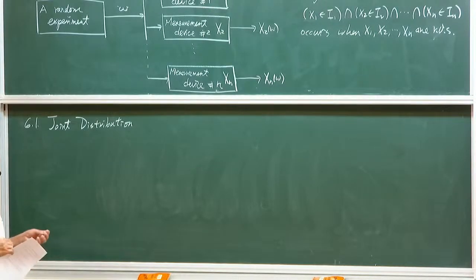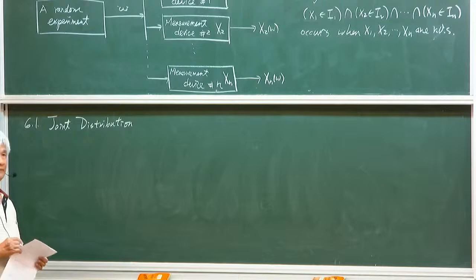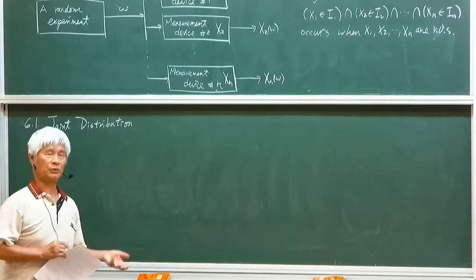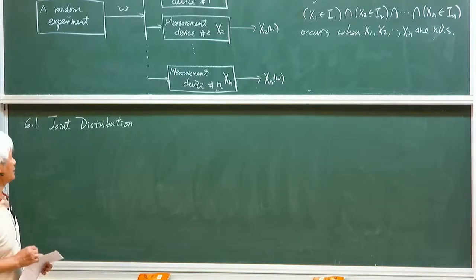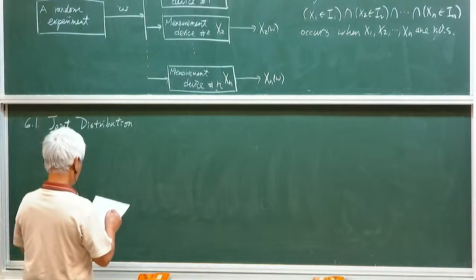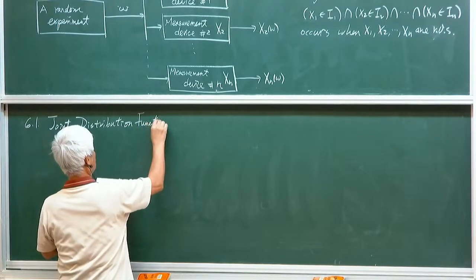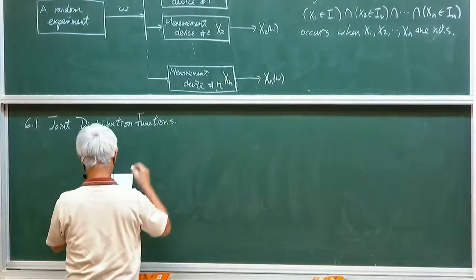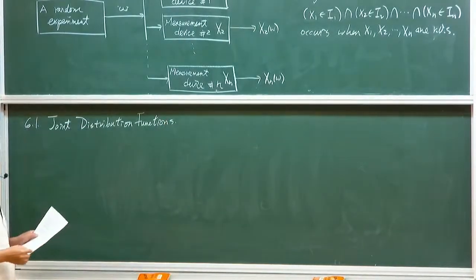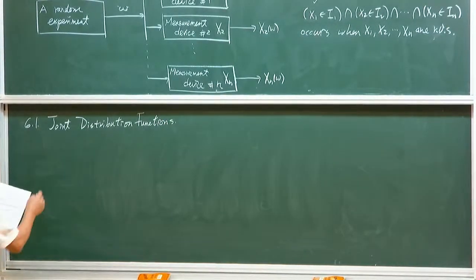In that, the CDF of a random variable can specify the probability of events described by such a random variable. Okay, and now we will do a similar argument here.